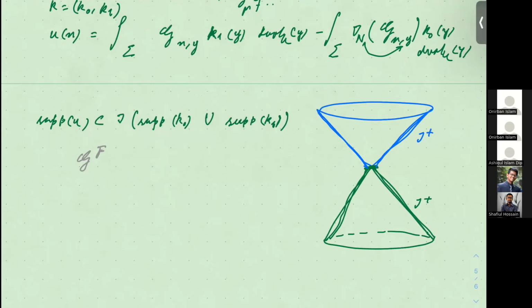In GR or differential geometry, what we do is take covariant derivatives of smooth objects, right? Functions, tensors, spinors. And when people started working in PDE, they found these smooth objects are not sufficient. Historically, it's by Sobolev and then Schwartz.